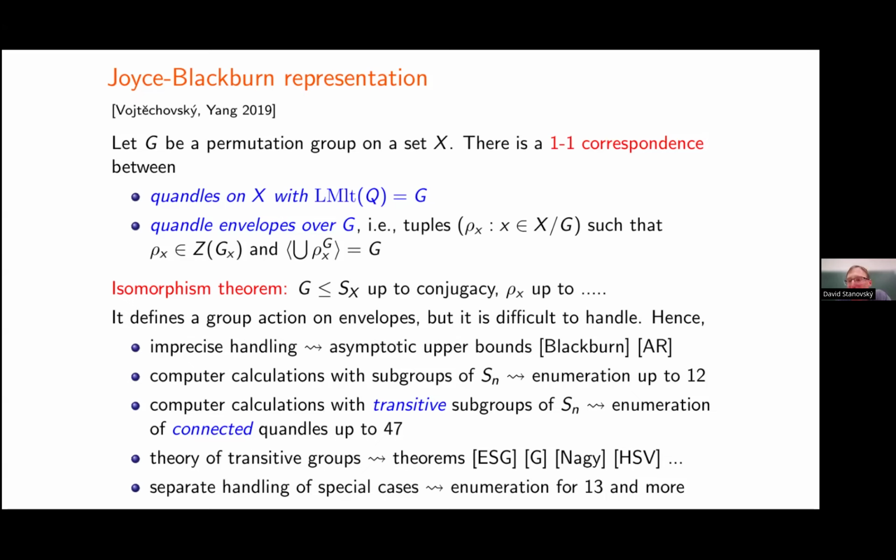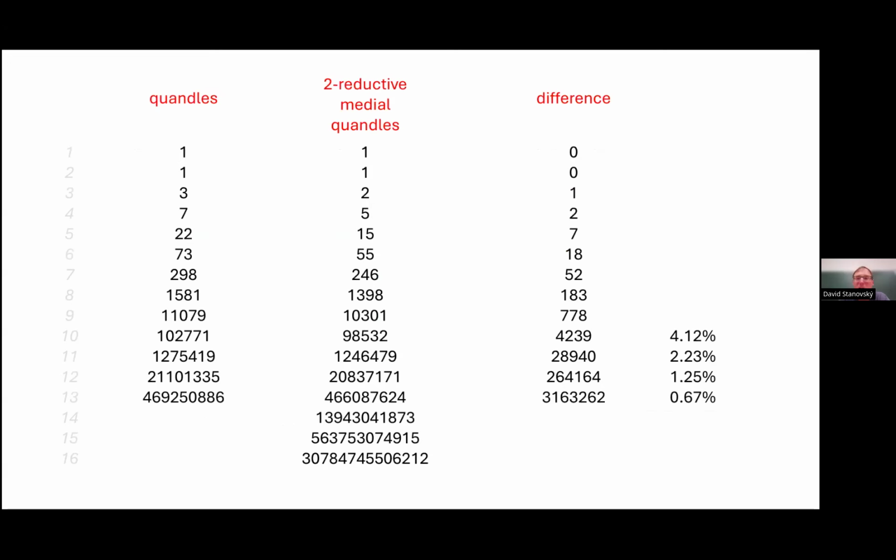But as it turns out, most of them are of a particular type. So we can handle that special case separately and leave the rest to brute force. That class of quandles that turns out to be so special is the class of so-called two-reductive medial quandles.